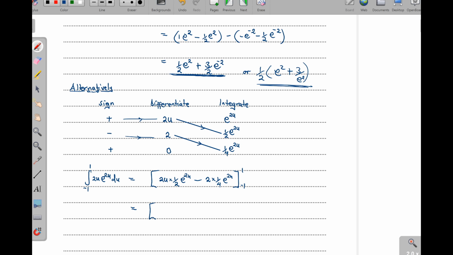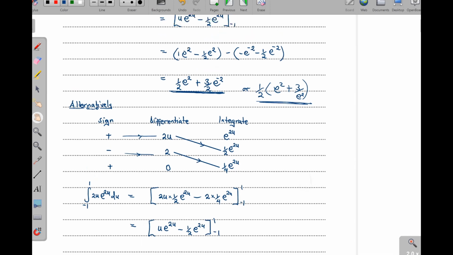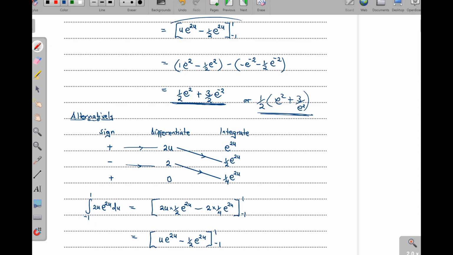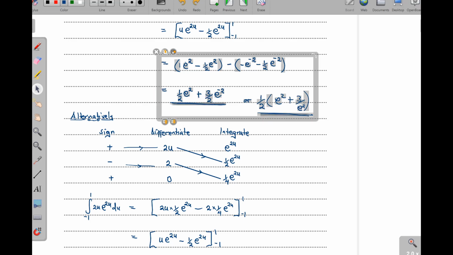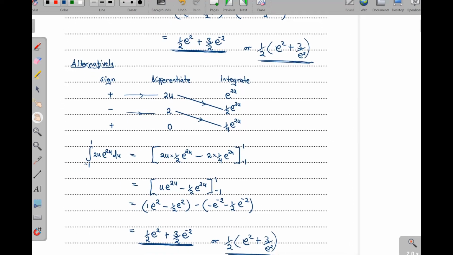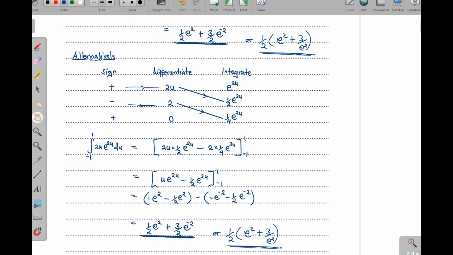Simplifying this, you will have u e to the power of 2u minus a half e to the power of 2u, with limits 1 and -1. If you fall back here, this is exactly what we have here. So I just get whatever is here, duplicate it, and take it down. So that's how we do it using this synthetic approach.